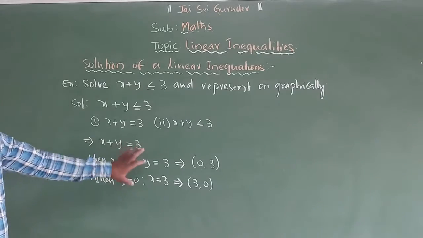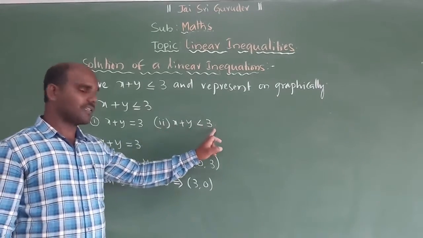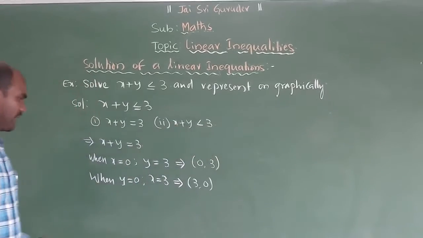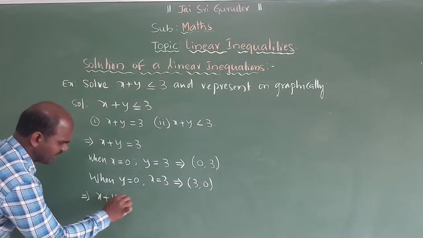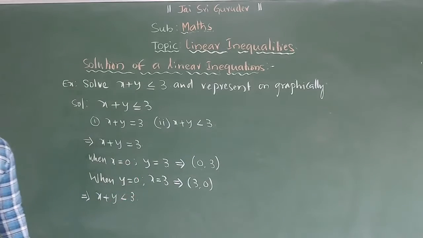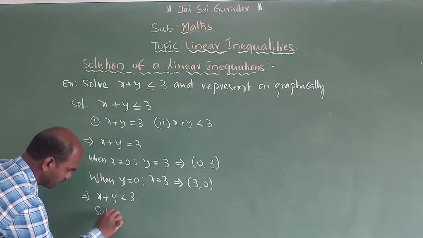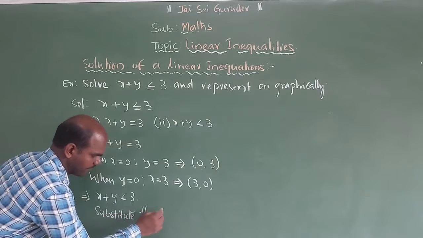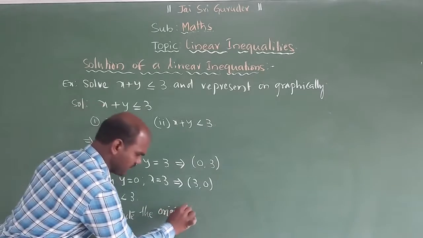After getting the straight line, the second one is x plus y less than 3. For this, we substitute the origin. Origin means 0 comma 0.